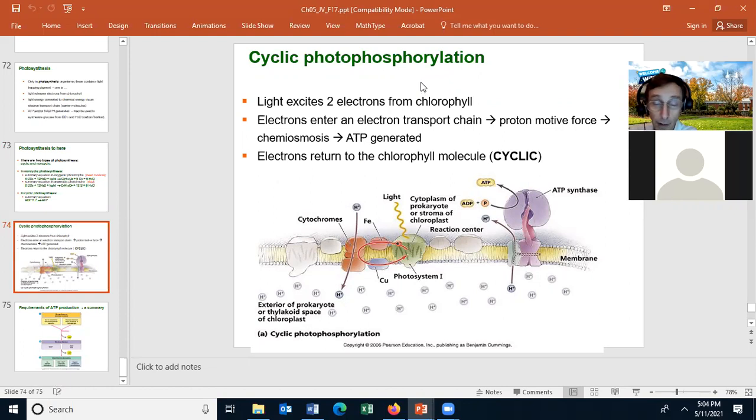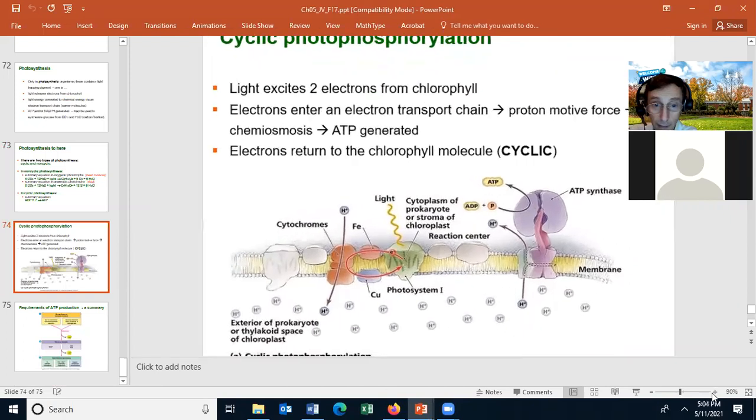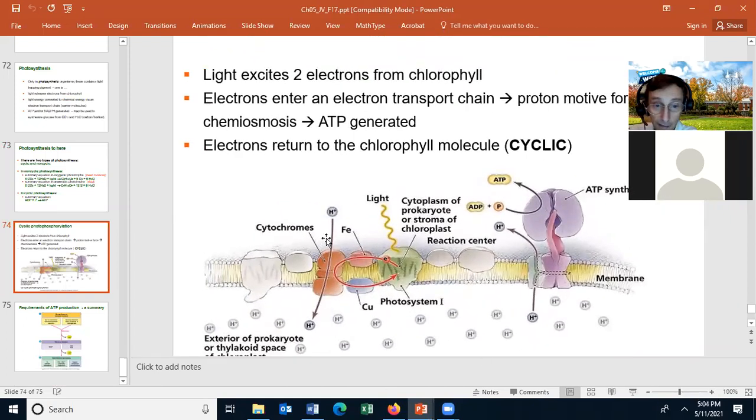Phosphorylation is where you add a phosphate group to a molecule, and as the electron is moving through this protein in the membrane, it gives this protein the energy it needs to transport hydrogen atoms from this side of the membrane to that side of the membrane.